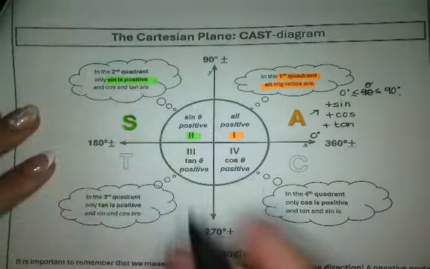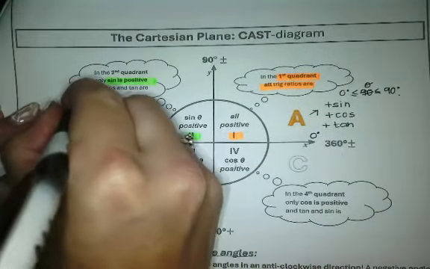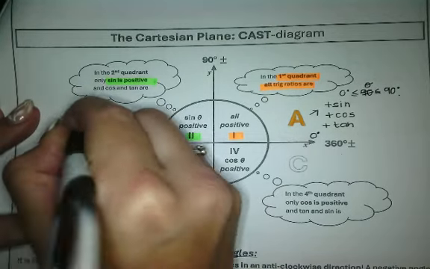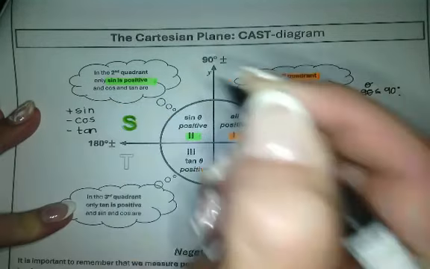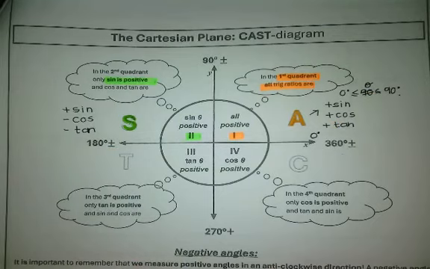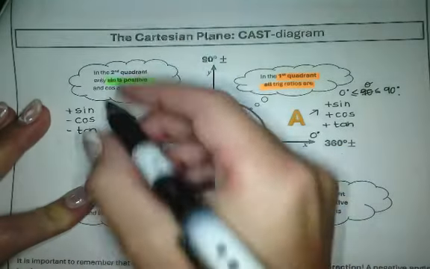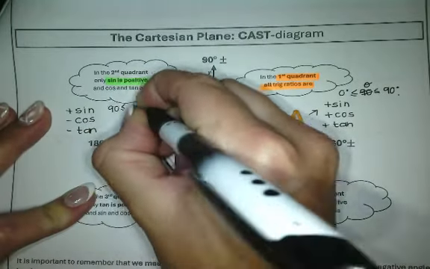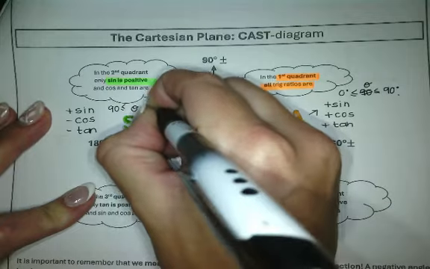So in this quadrant, sin is positive, however, cos and tan are negative. And what else do we know about the second quadrant? It's from 90 to 180 degrees. So theta is going to lie in between 90 degrees and 180.